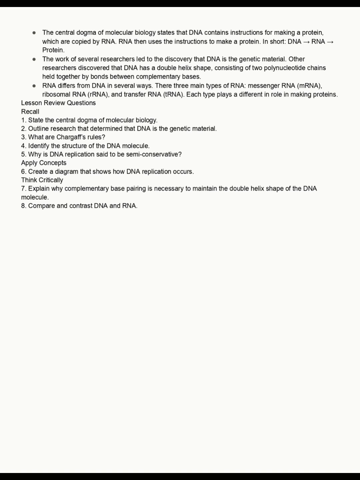Other researchers discovered that DNA has a double helix shape, consisting of two polynucleotide chains held together by bonds between complementary bases. RNA differs from DNA in several ways. There are three main types of RNA: messenger RNA (mRNA), ribosomal RNA (rRNA), and transfer RNA (tRNA). Each type plays a different role in making proteins.